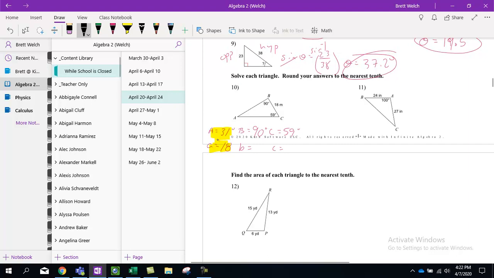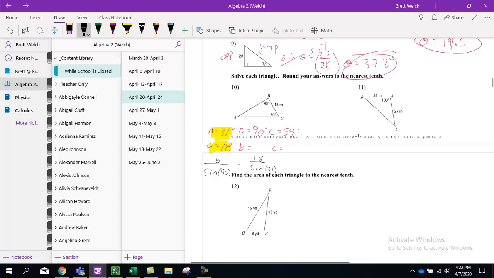Okay. But because I have both A and little a, I can use that information with one of these others. I'm going to go ahead and do it with B and then eventually with C. I'm going to start with b over the sine of 90 equals little a, 18 over the sine of 31.